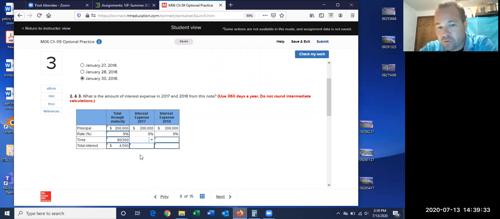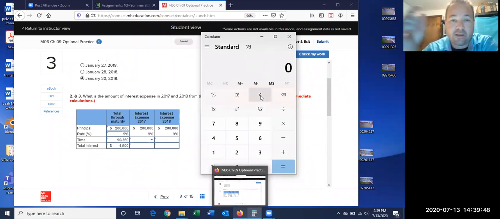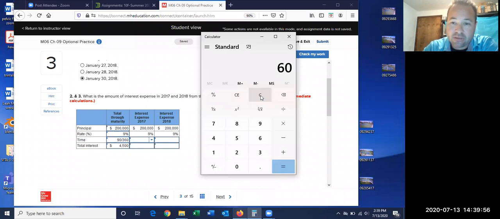Now what it's having us do in this little chart, before we get to the journal entries, is figure up how much interest I owe in 2017 and how much I owe in 2018, because it's broken out over 2 years. So the first part is we added up November and December. There was 29 days in November, not counting day 1, and December had 31, so that's 60 days.